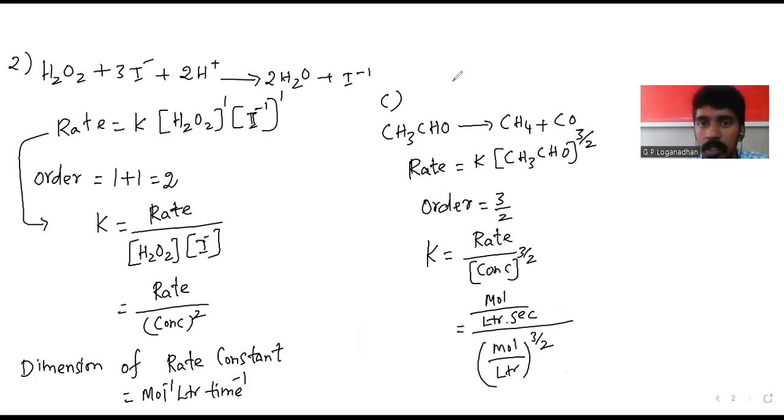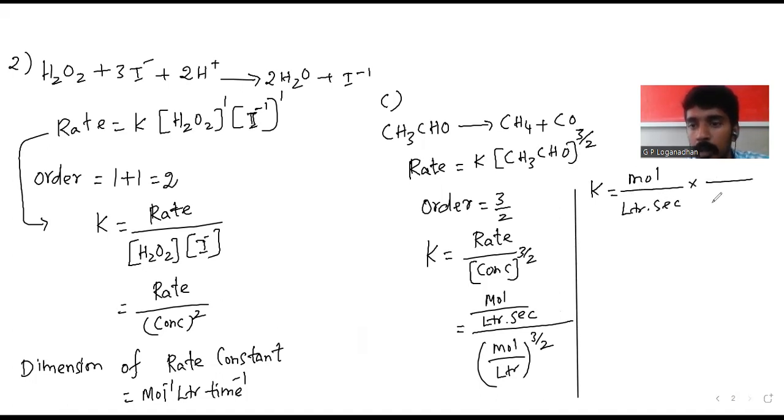So K equals mole divided by liter second, multiplied by mole power 3 by 2. As it is in the denominator, it will go to the numerator, liter power 3 by 2.